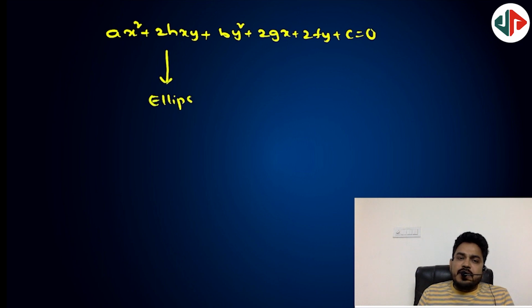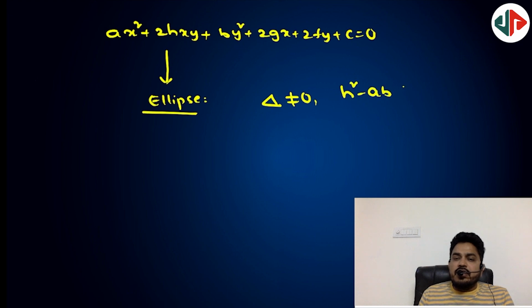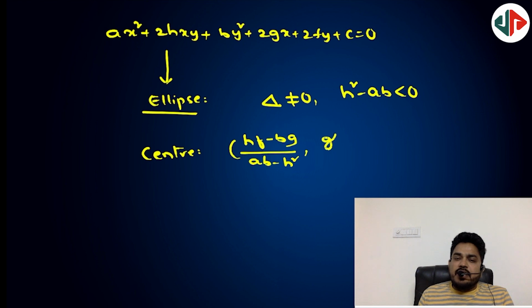When it represents the ellipse, delta is not equal to 0 and h square minus ab should be less than 0. And the center of the ellipse is (hf minus bg) by (ab minus h square) and (gh minus af) by (ab minus h square).